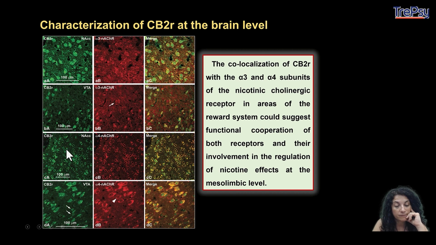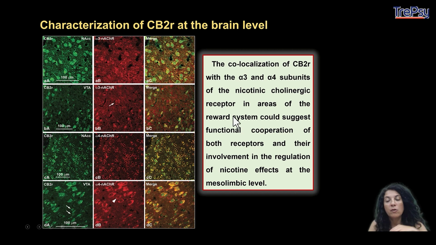Here we have VTA, picture A, picture B, and in pictures C and D we have nucleus accumbens and VTA. So we can see here in the merge that the CB2 receptor colocalized with alpha 3 and alpha 4 subunits of the nicotinic cholinergic receptor.